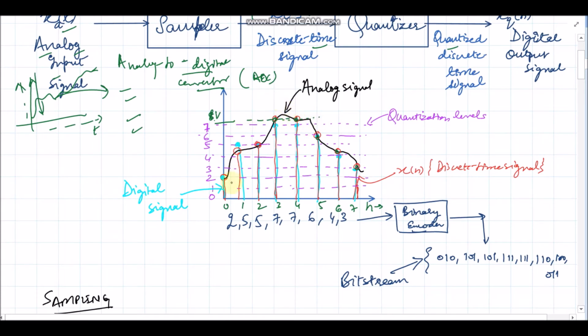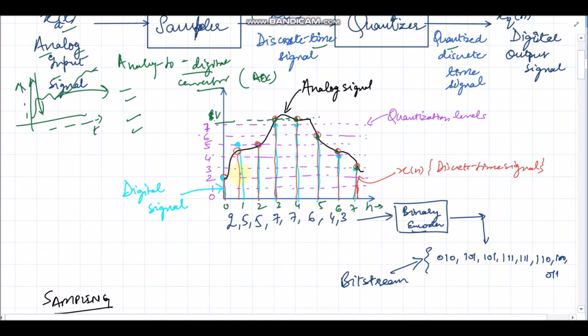So what this quantizer has done is it has divided the dynamic range into 8 intervals: 0, 1, 2, 3, 4, 5, 6, 7. So it has divided it into levels. We have 8 levels starting from 0 to 7. The quantization levels are represented by these purple dotted lines. Whenever you feed these samples into the quantizer, the quantizer maps the signal amplitude to the nearest quantization level.